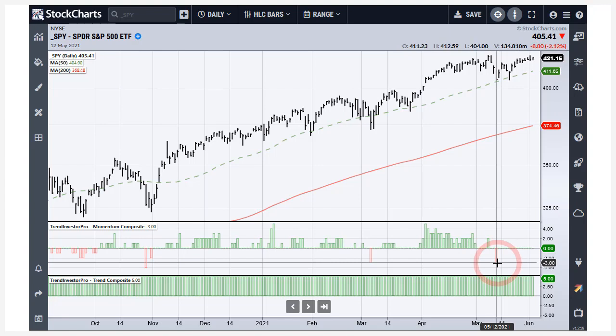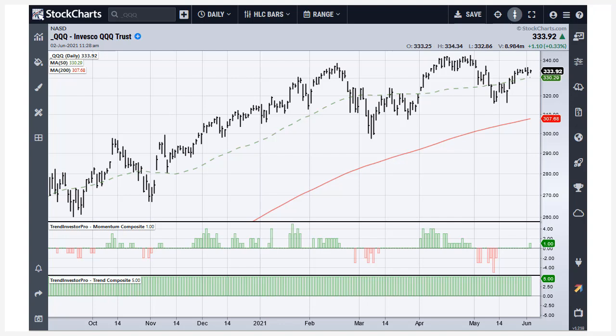And then we had another trio of oversold indications there on May 12th and got a bounce. So if you look at SPY now, it's in the middle of a trend. It's just in a tight range, hugging that 50-day moving average and working its way higher. And I see nothing negative on this chart right now.